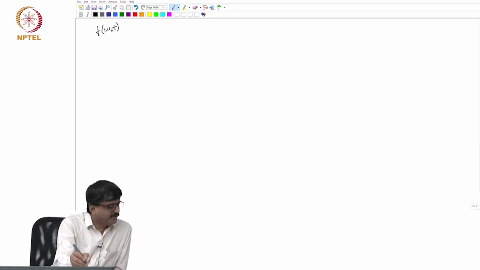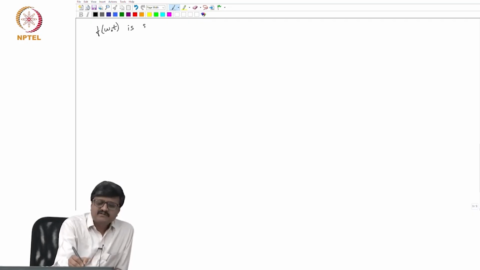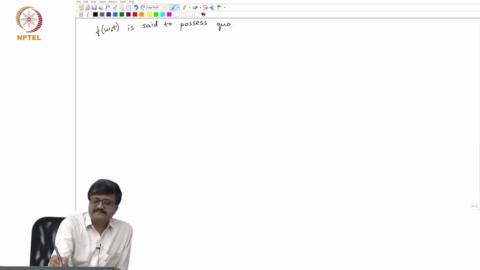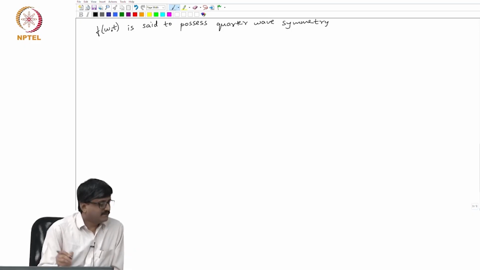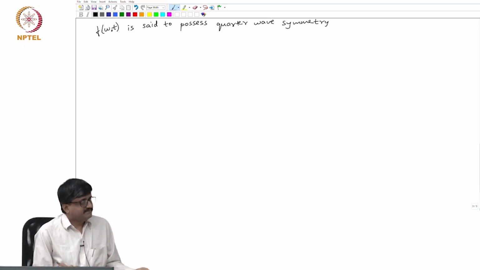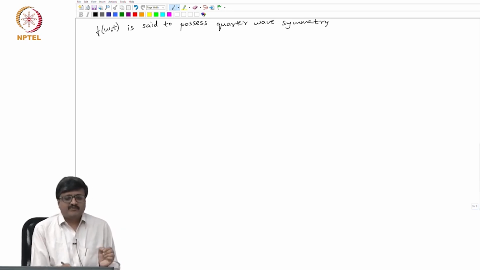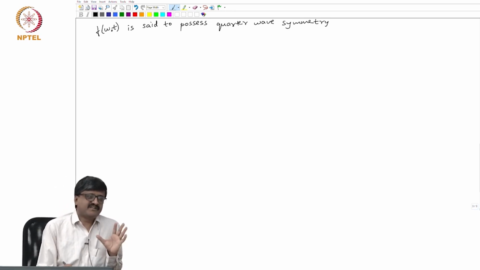f of omega o t is said to possess quarter wave symmetry. Quarter wave symmetry is of course a special case of half wave symmetry.